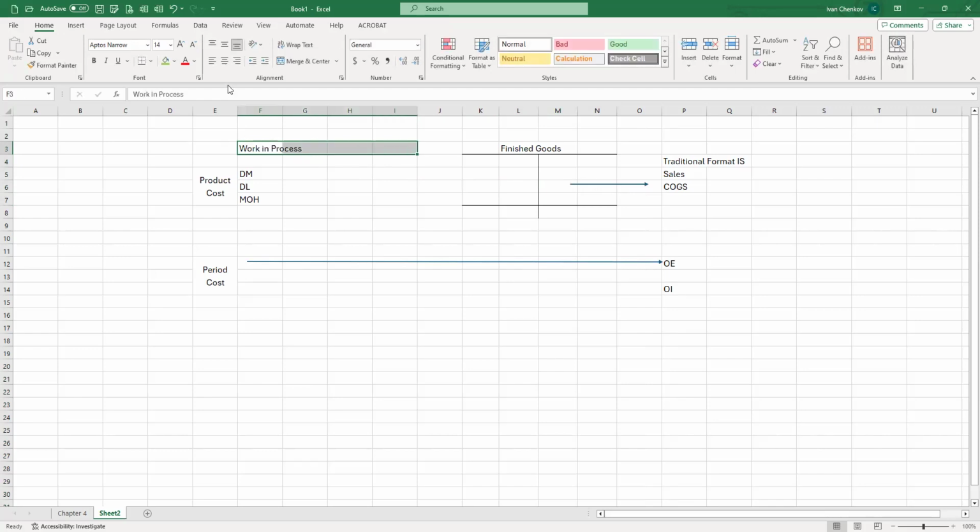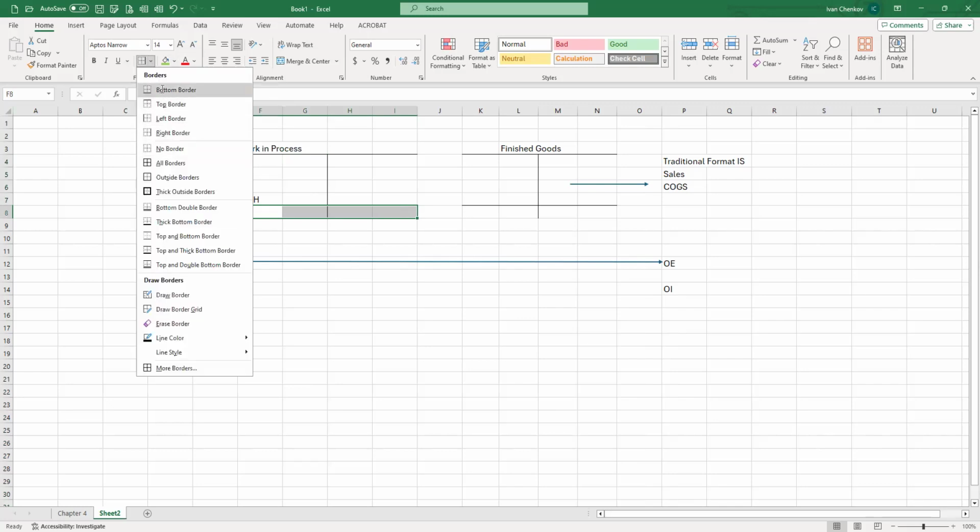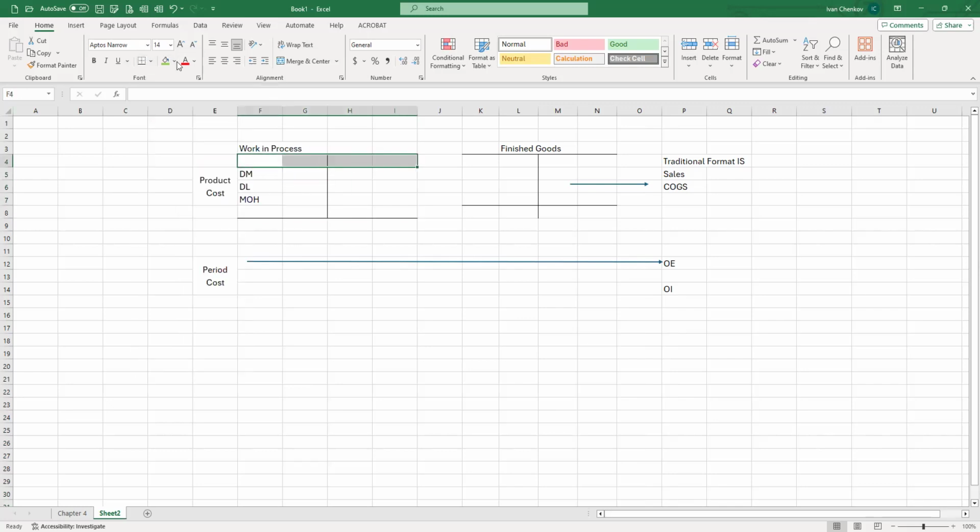Once we get that account, work in process, we can see how much we produce and how much it costs us to produce it. It's also a balance sheet account, as you already know, with a beginning balance and an ending balance.